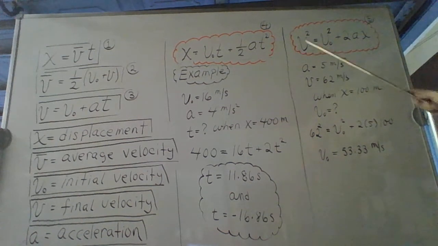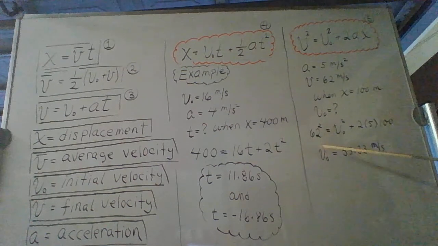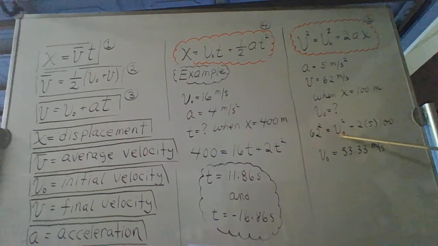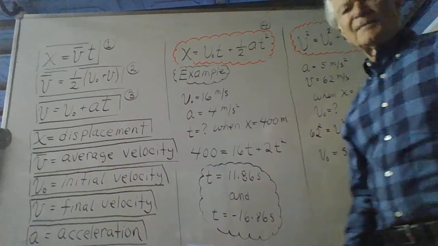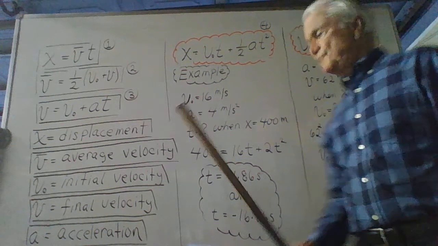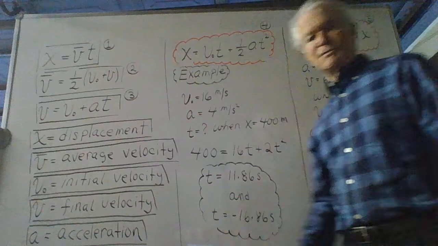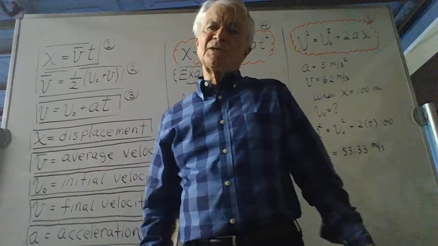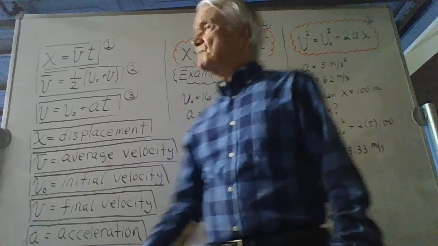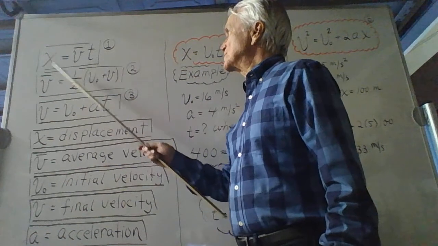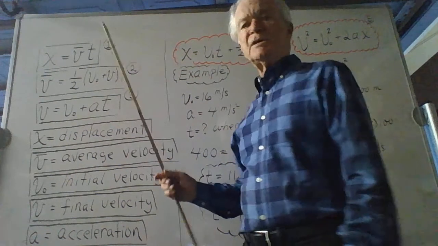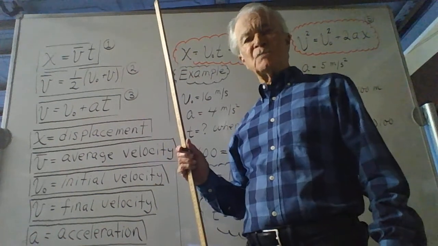We substitute for v, 62, squared, unknown v naught squared, plus 2ax, 2 times 5 times 100. And it's a simple matter to solve this for v naught. I did it, and I get 53.33.